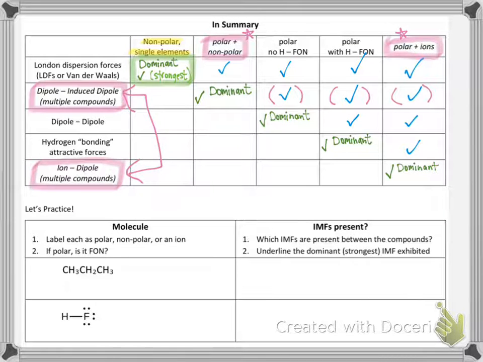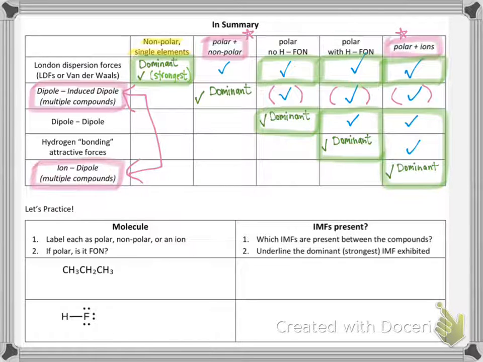If you were asked for all of the IMFs that something that is polar but not having fun has, you would be like, well, it's dipole to dipole and London dispersion forces. If it was polar and having fun, well, of course, you talk about hydrogen bonding and dipole to dipole and dispersion forces. And if it is the polar stuff mixed with ions, then again, you would list all of these things, but for some reason, not dipole-induced dipole. Okay, I hope that's not too confusing.